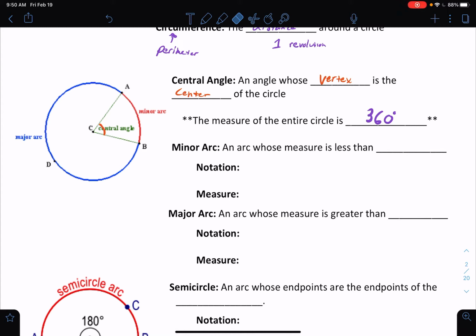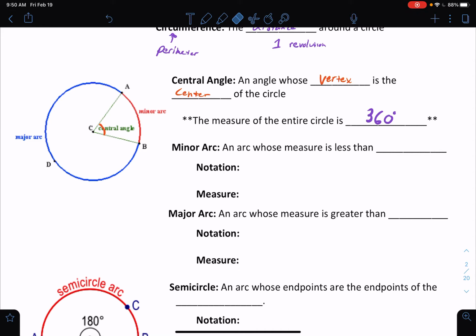The circumference is going to change depending on the size of your circle. But no matter what, the number of degrees in your circle is always going to be 360. So the central angle is just dividing up that 360. This central angle is going to be part of 360 degrees. It could be 60, 70, or 81. So we have the central angle.